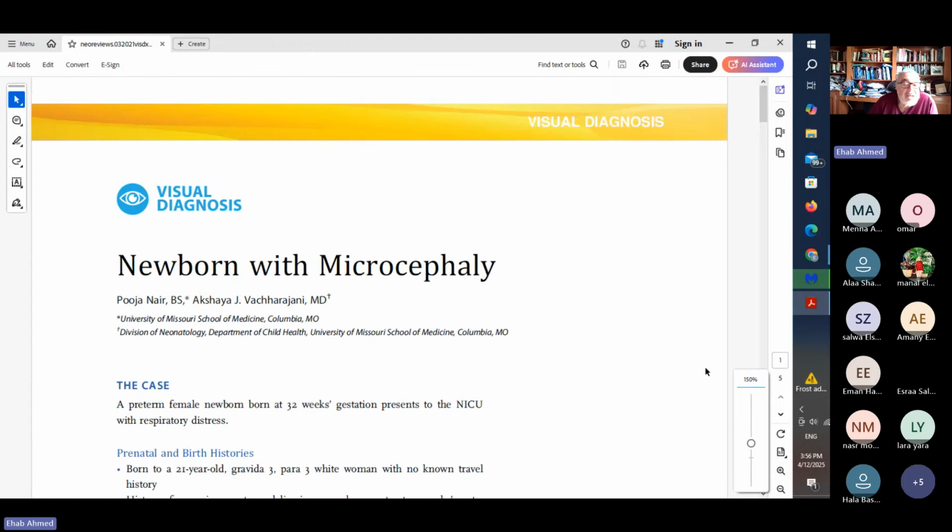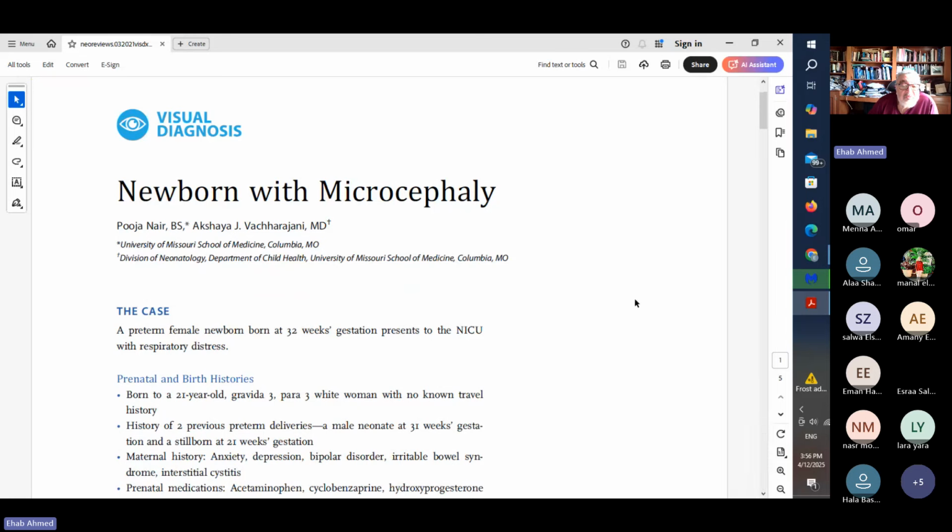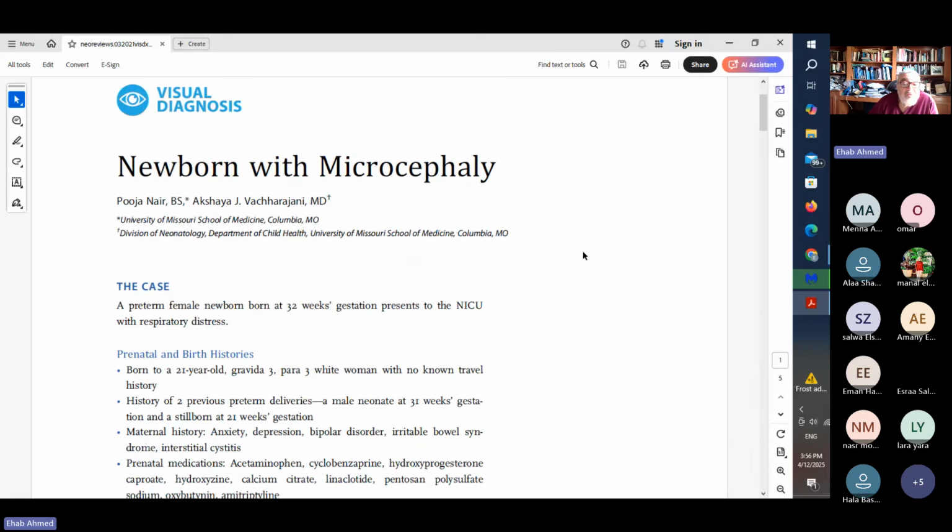Yes. And the idea behind this article is that it will give you the differential diagnosis, because microcephaly is either primary, genetically determined most of the time, or secondary.